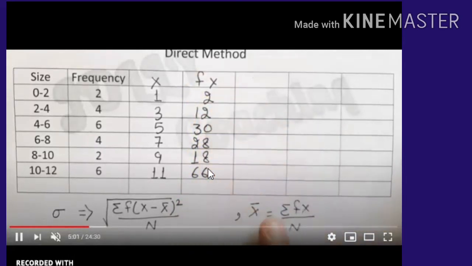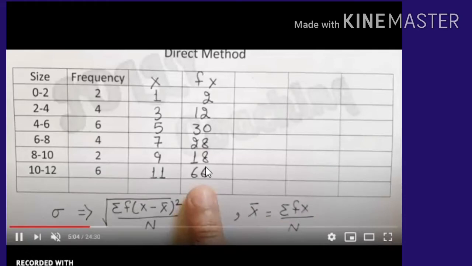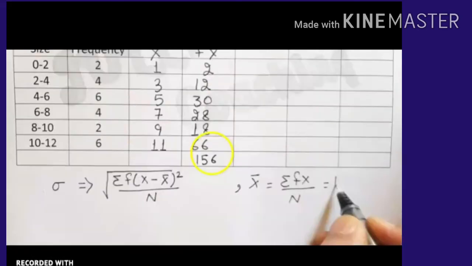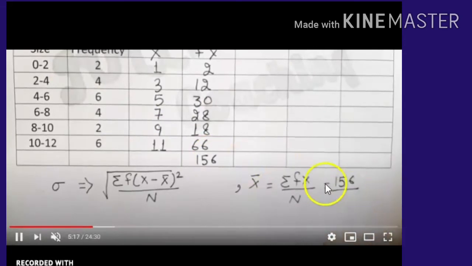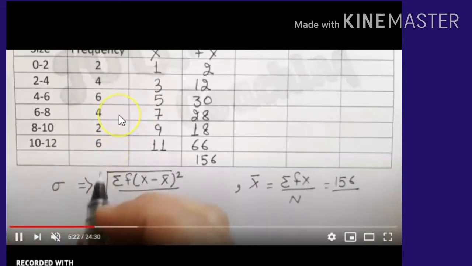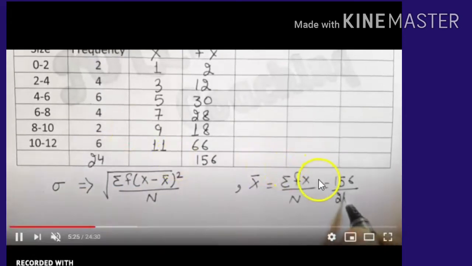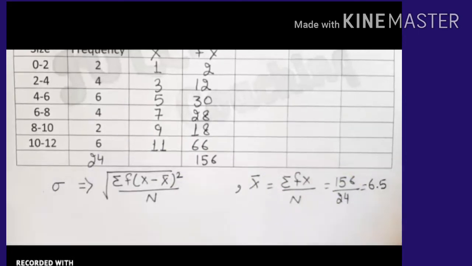You have to find the fx total. The answer is 156, divided by n. You find n by totaling the frequency column. It's 24. Then you substitute: 156 divided by 24. You will be getting 6.5.